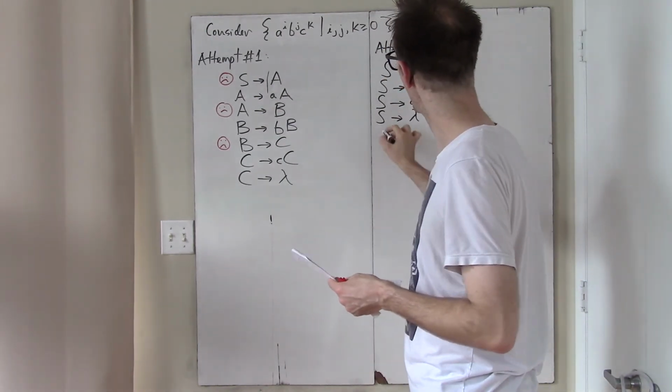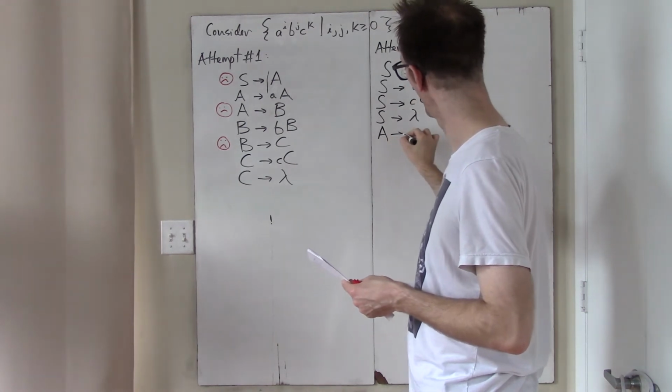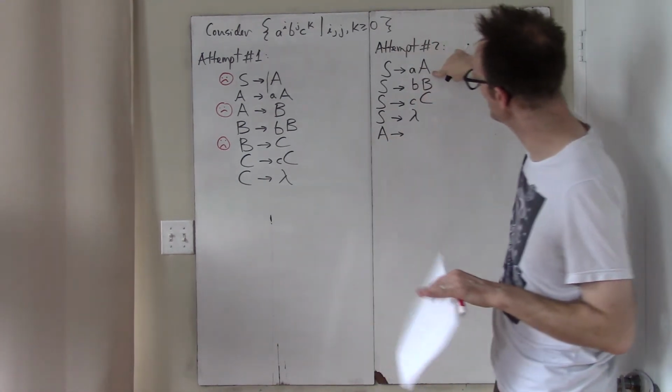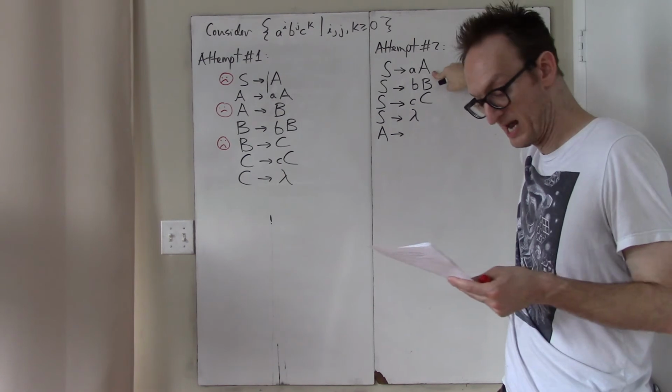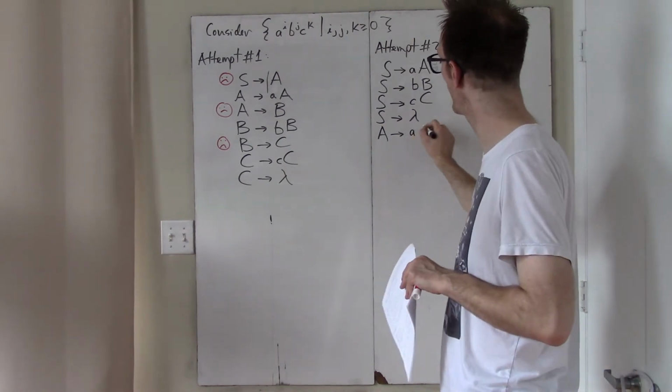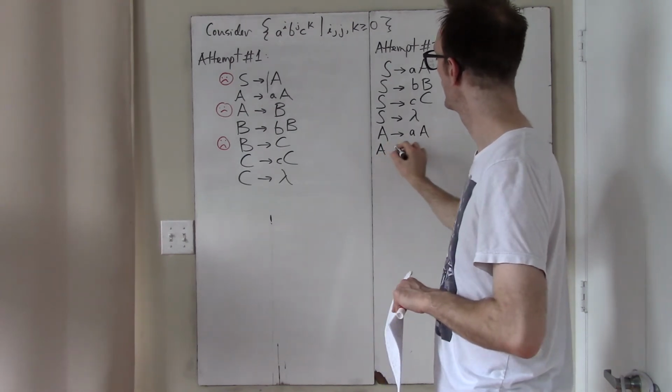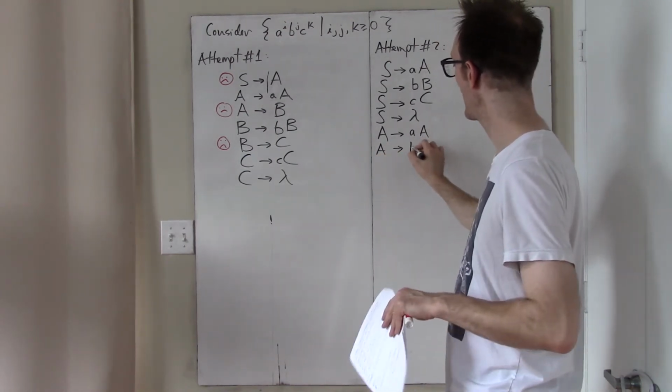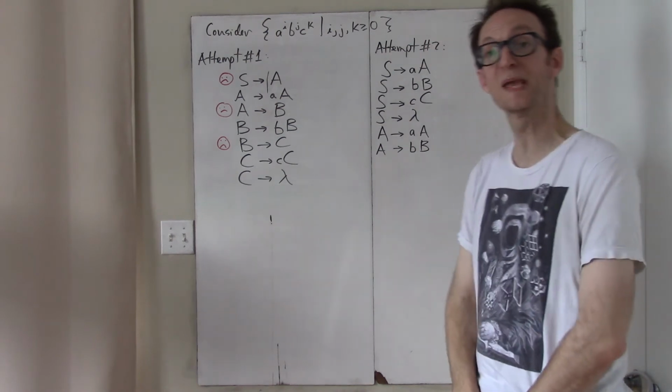Okay, and now, going back to A, what does it mean to be an A? It means that you just made an A. And now you have several options for what to do after you just made an A. You can make some more A's, or you can say, I'm done making A's, and start writing B's.